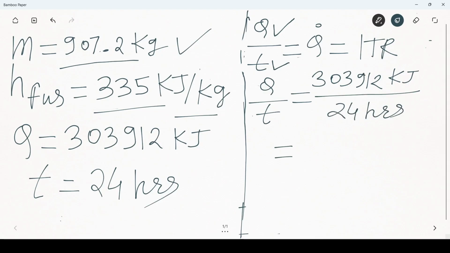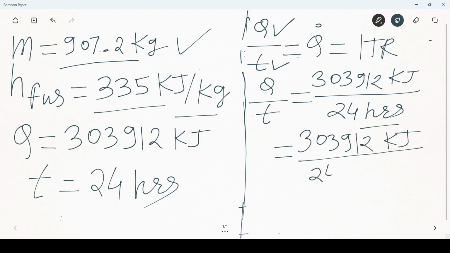Let us convert this 24 hours into minutes. So Q is 303912 kilojoule divided by 24 multiplied by 1 hour is 60 minutes.